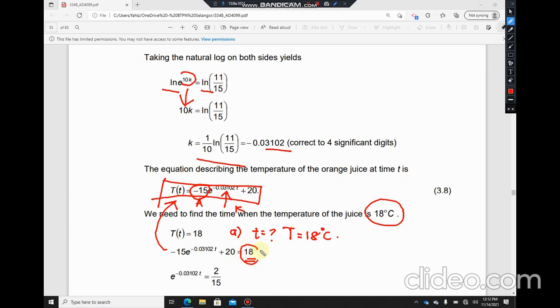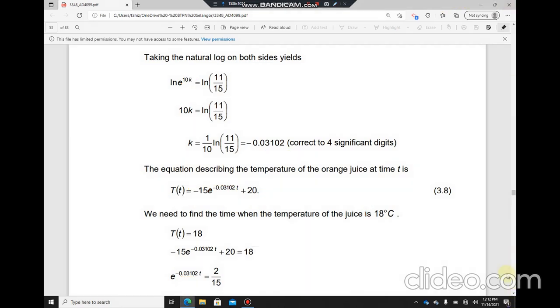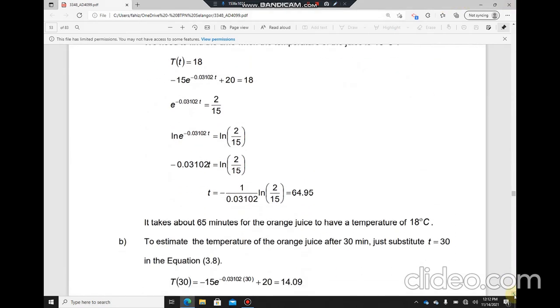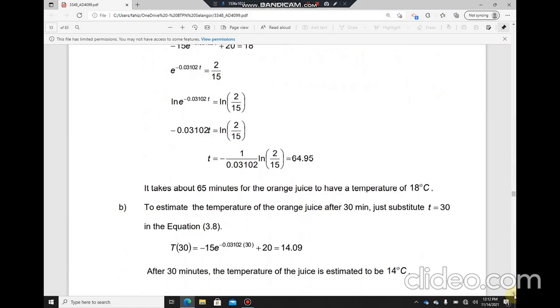So kita ganti nilai tempat temperature. After you solve this, sama juga nak turunkan T, kena letak ln kiri dengan kanan. Awak solvekan ln e semua tu, so you get the value of T which is 64.95. So it takes about 65 minutes for the orange juice to have a temperature of 18 degrees Celsius.